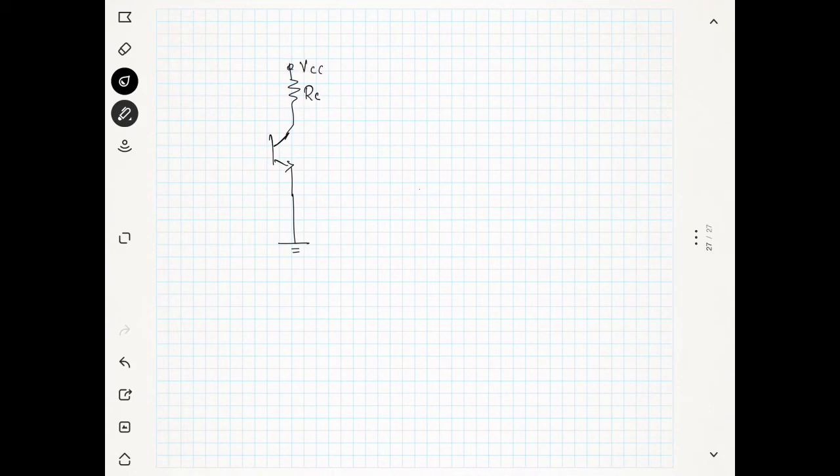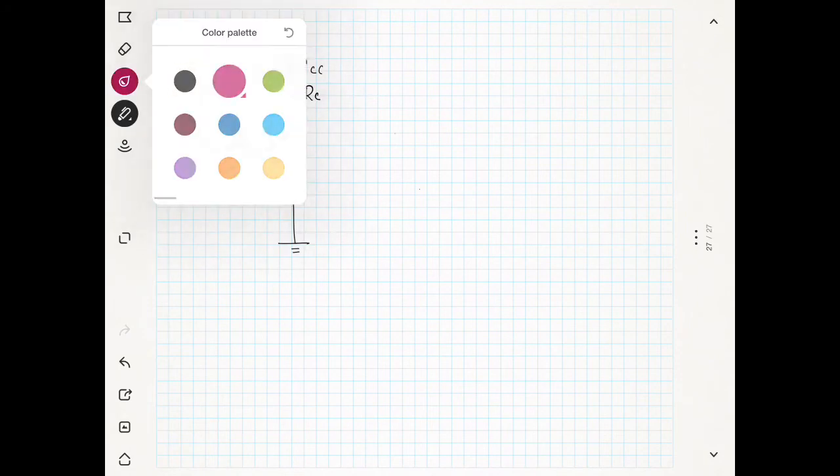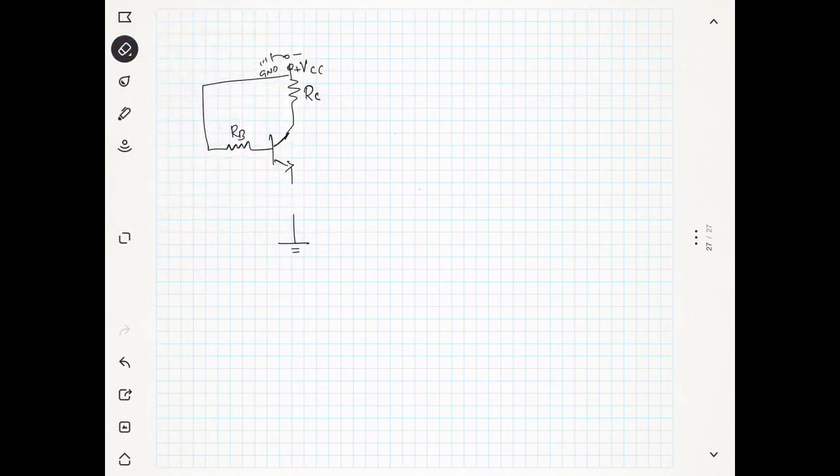We have VCC, this is plus, and the minus is going to ground. And this is RB. This was the biasing technique. Now we will add a resistor here. So when I add a resistor here, this becomes more stable.